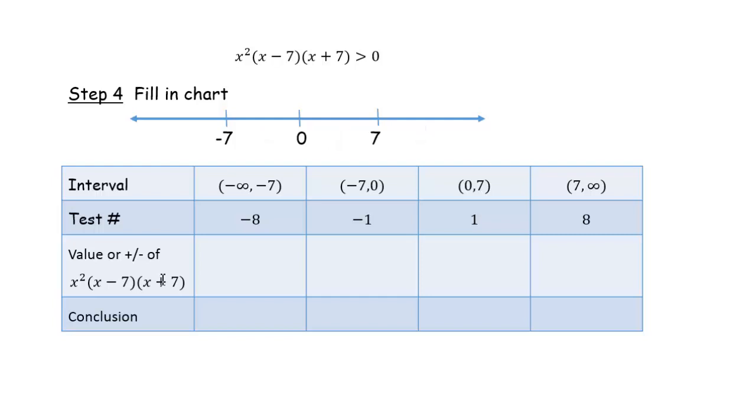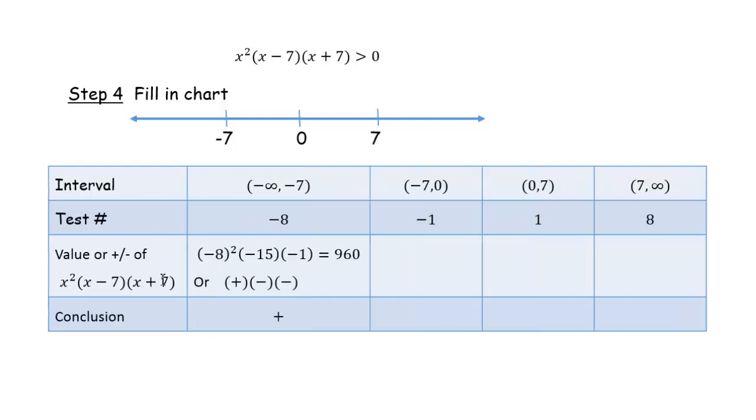What I want to do is plug those numbers into the inequality and determine whether it's positive or negative at those numbers. Now, just like in the last video, I can actually find out the value at the test number, or I can just write plus or minus. I'm going to choose just plus or minus because it makes it a lot easier, especially when the problems get harder.